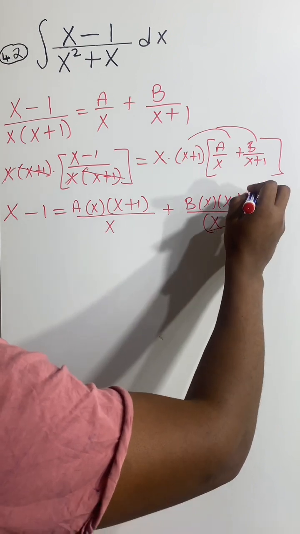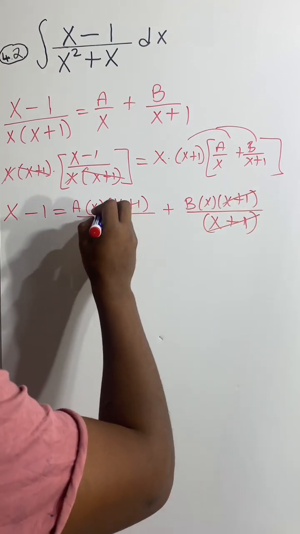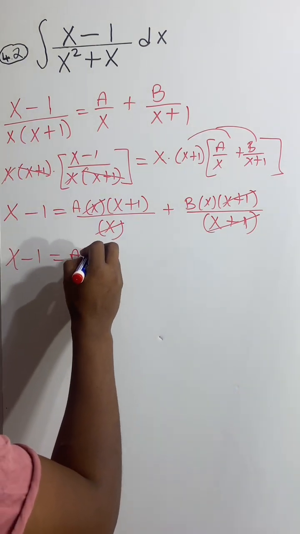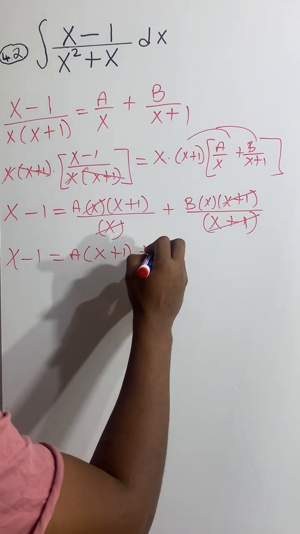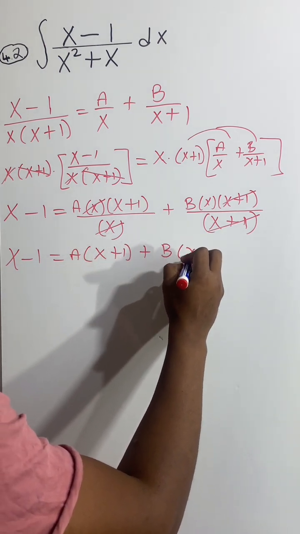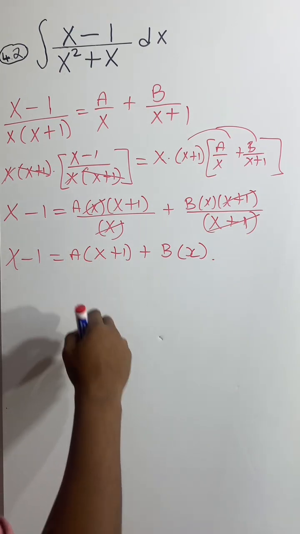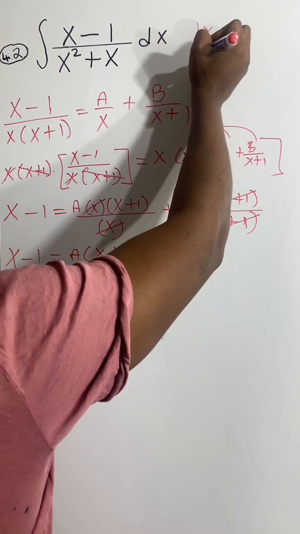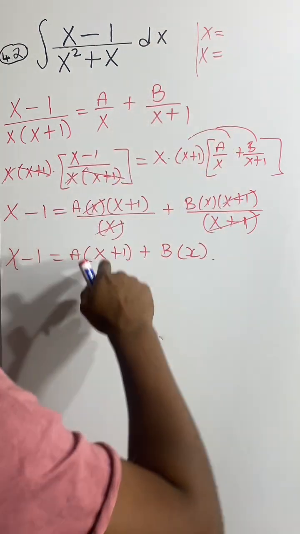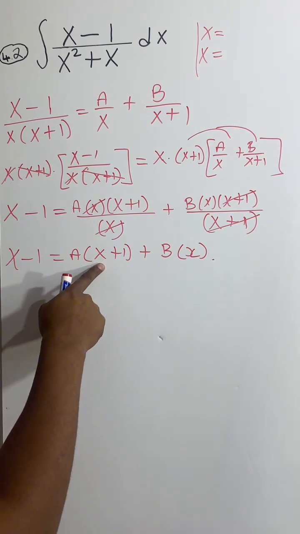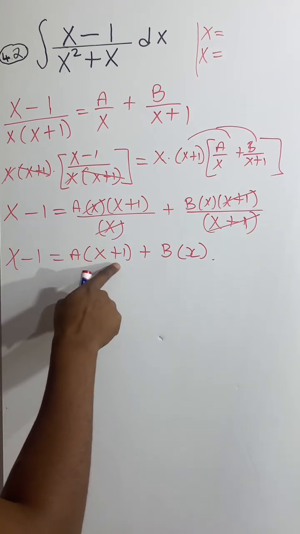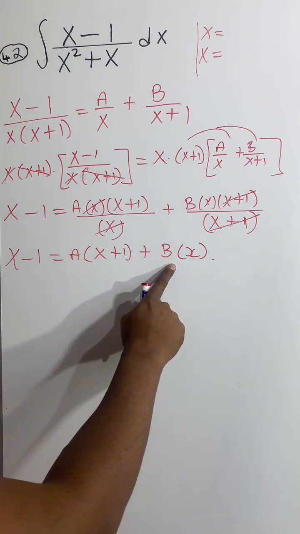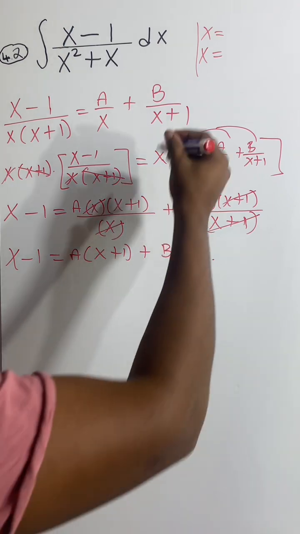And from here, we have to let x equal any two numbers. But the easiest number that we can work with is x equals -1, because when we substitute x equals -1, -1 plus 1 is equal to 0, and 0 multiplied by a will be 0, giving us an opportunity to determine the value of b.